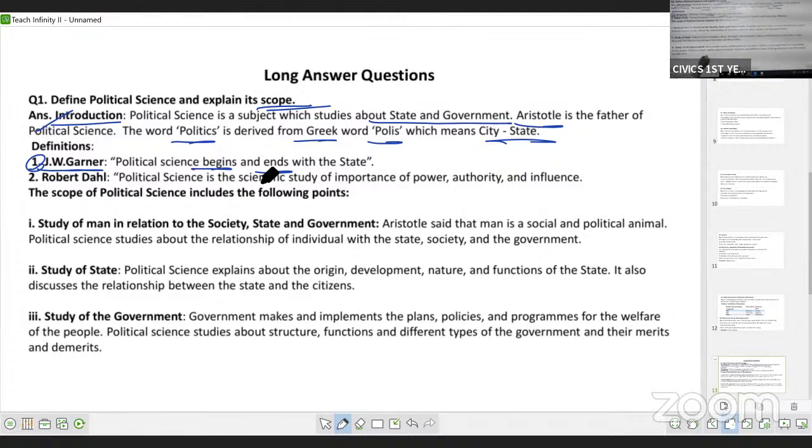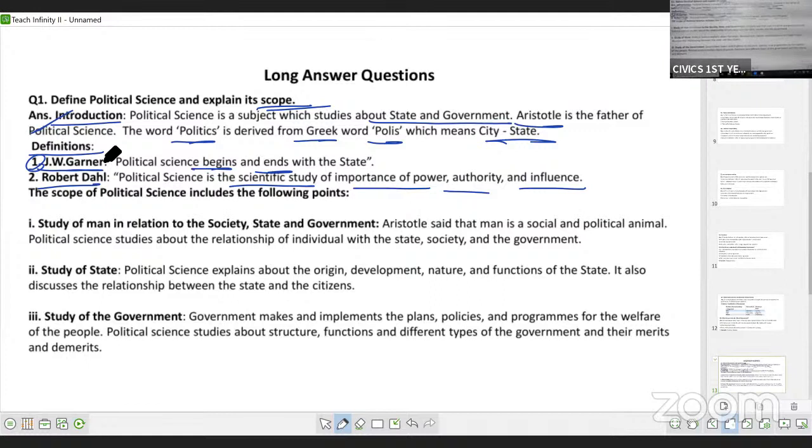It is the scientific study of power, authority and influence, given by Robert Dahl. I am just showing you how to write introduction, then definition. Under definition, if you can write 2 definitions, well and good. Otherwise, at least 1 definition is required.